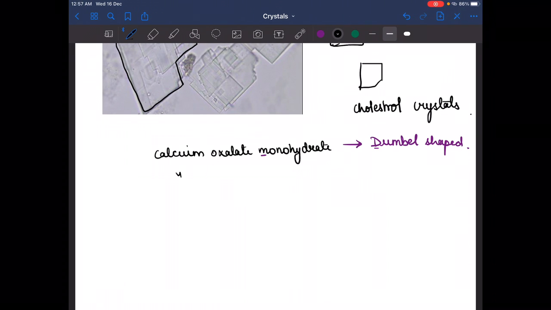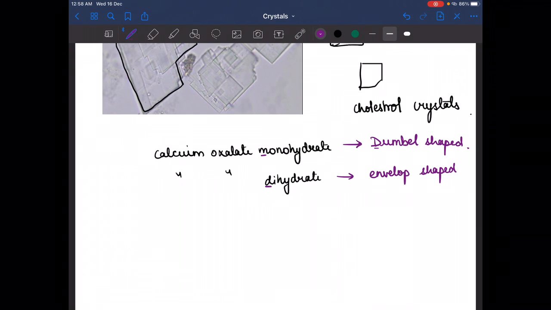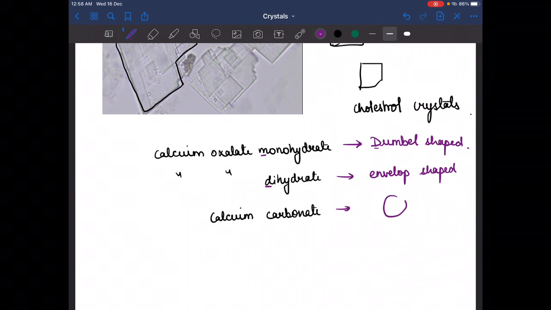Next one, calcium oxalate dihydrate. In calcium oxalate dihydrate, we can see envelope shaped crystals. Envelope shaped crystals. And then if we have something circle like, we can identify them as calcium carbonate.